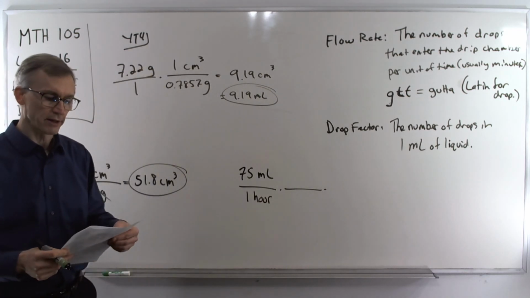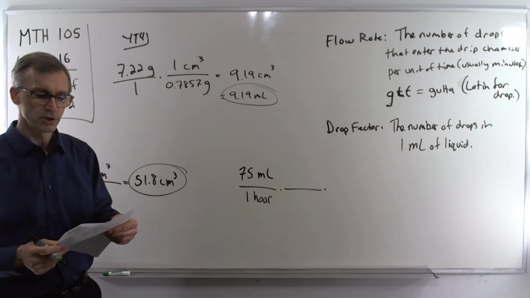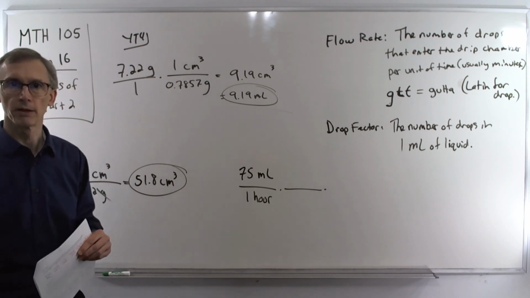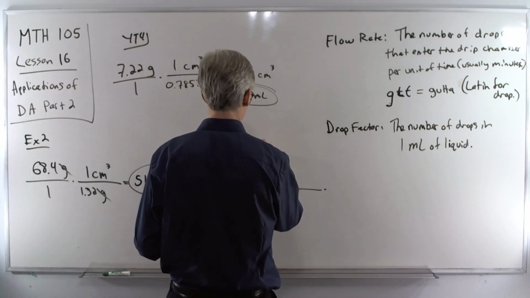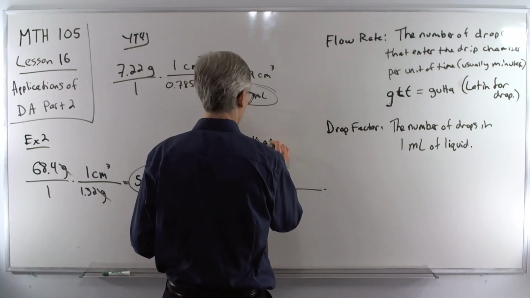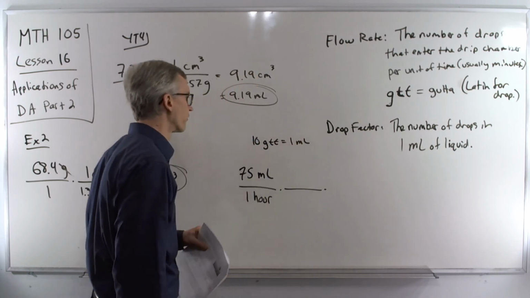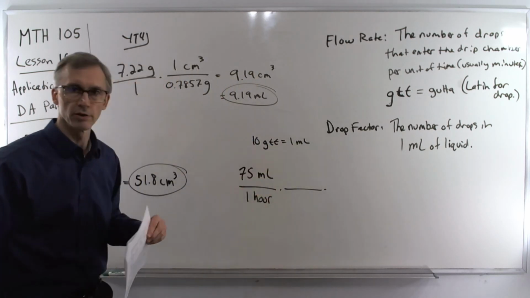Now we're given a drop factor. The drop factor is 10 GTT per milliliter. So it takes 10 drops to make a milliliter. All right, so there's one conversion factor we're going to be able to use in this problem.